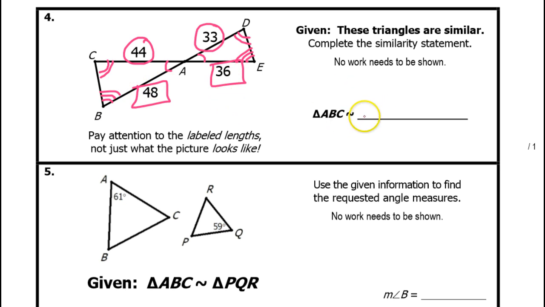Okay, so now I can do the similarity statement. Triangle ABC is similar to triangle A. All right, obviously A goes with A. But B corresponds with E, so E should be second. Okay, and then C corresponds with D, so D should be third.